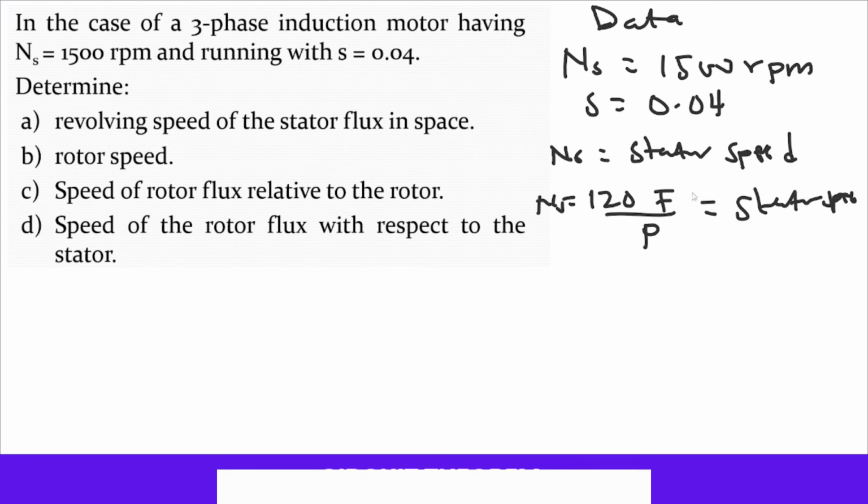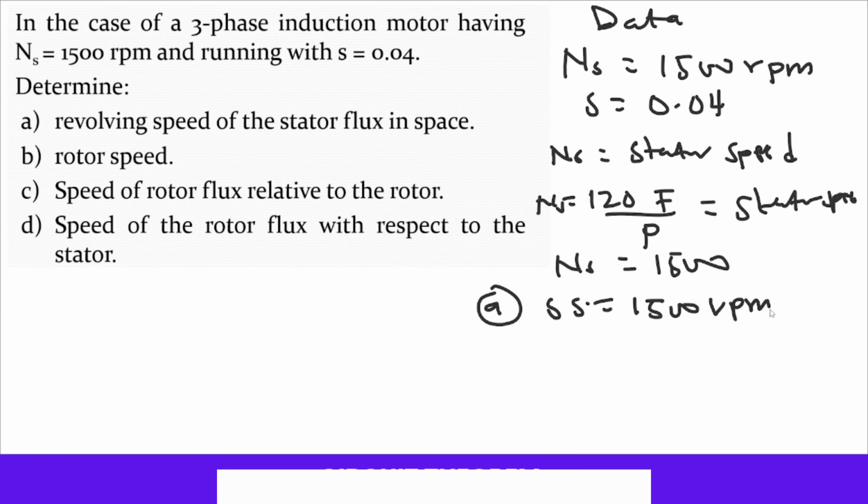That's only for an induction motor. Here the synchronous speed has already been given to us, ns equal to 1500. So for part a, the stator speed will be 1500 rpm, because the stator speed is the same as the synchronous speed.